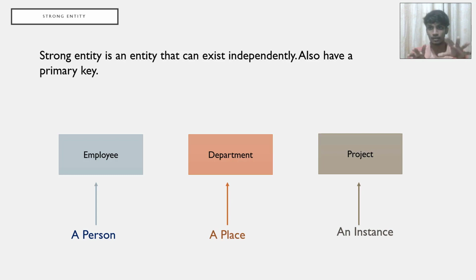You might be having some confusion right now because we haven't learned relationships and weak relationships yet. So for now, just remember, strong entities can exist independently, which means it is not necessary to attach them to another entity. And they also have a primary key. We know that every entity has a primary key because that's how relations are made. When it comes to ER diagrams, there are now two variations: the strong entity and the weak entity.